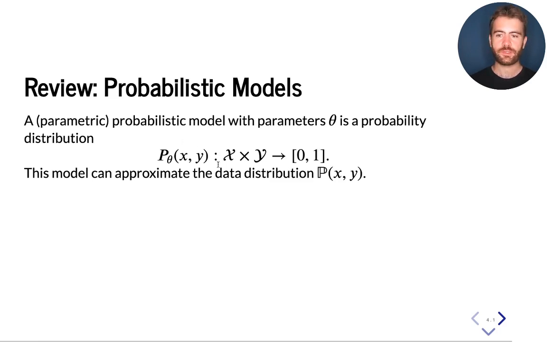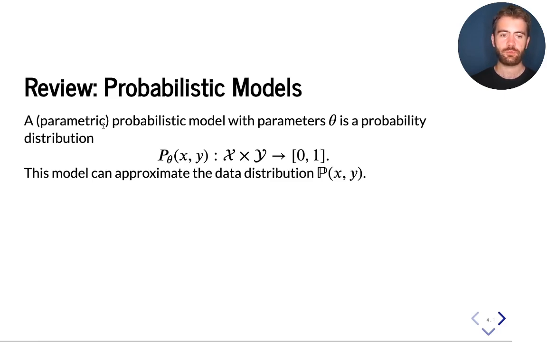Essentially we started with the most general possible definition for a probabilistic machine learning model, and this is how we defined it. We said that a probabilistic model is a function that maps each tuple of x and y to some kind of probability.